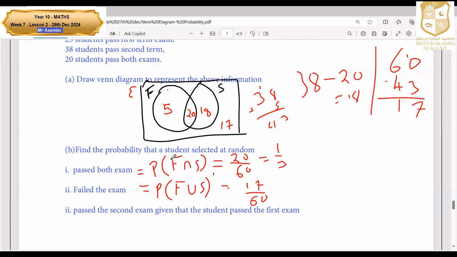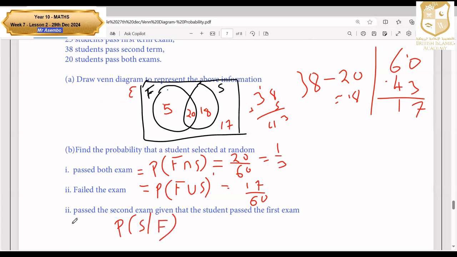Now let's check what our sample space is going to be. So the probability that he has passed the second exam, given the first term exam.